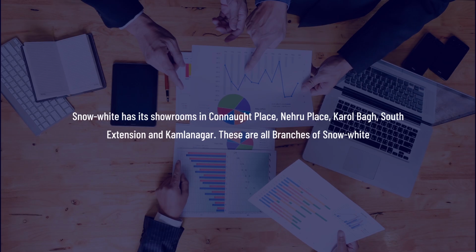Snow White has its showrooms in Connaught Place, Nehru Place, Karol Bagh, South Extension and Kamla Nagar. So Snow White has its showrooms spread over different places in the same city. Therefore, these are known as branches.